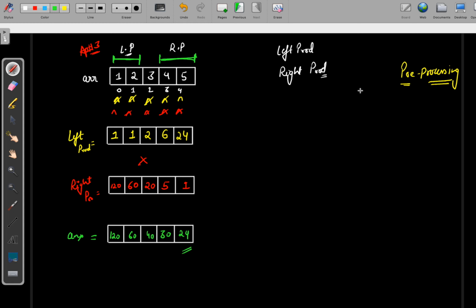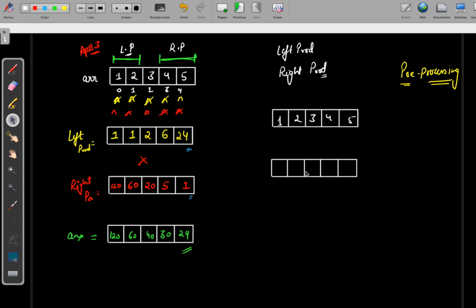So we can use pre-processed data here, right? Maybe you are struggling with how we need to find these products. Do we still need to maintain a loop? No. Suppose for left, you got this one, you will simply fill it in, and now you will multiply 1 with your current element. Suppose this was my data, 1, 2, 3, 4, 5, and how am I finding my product?